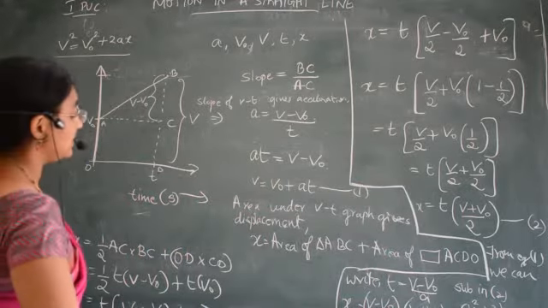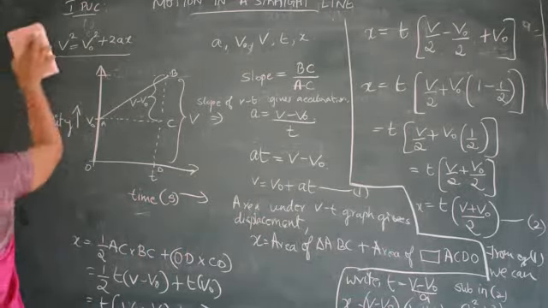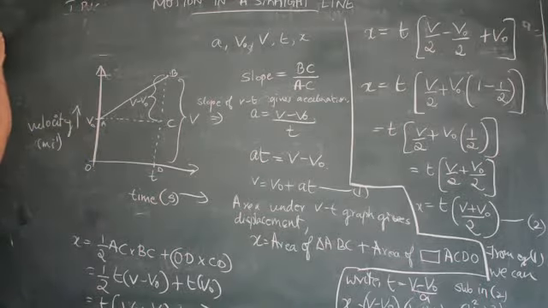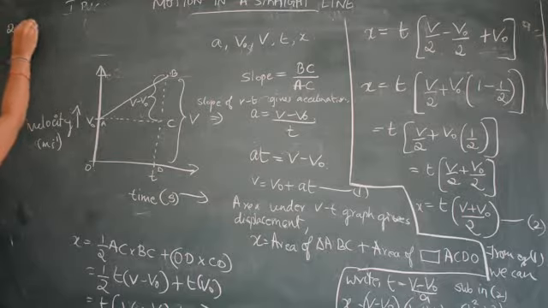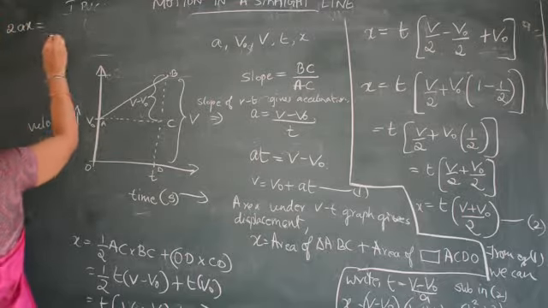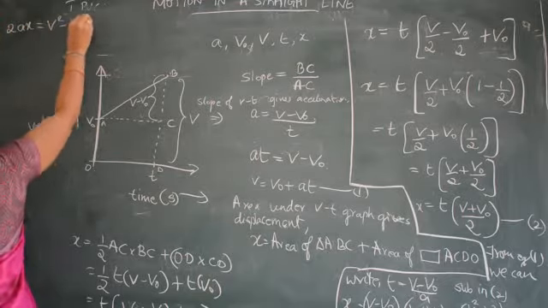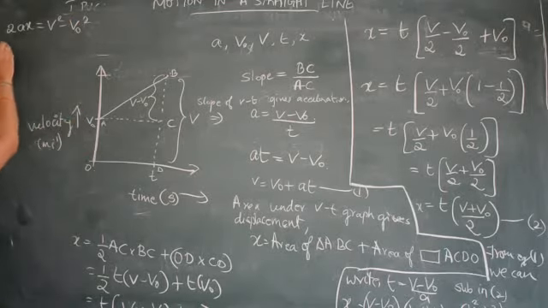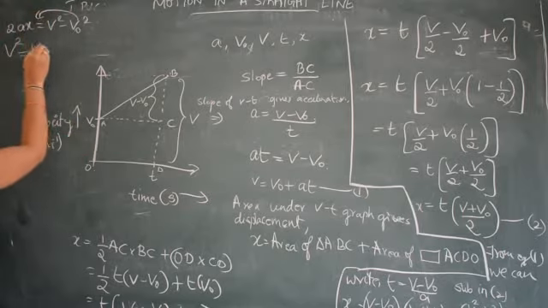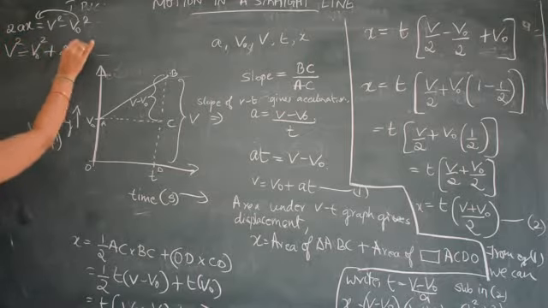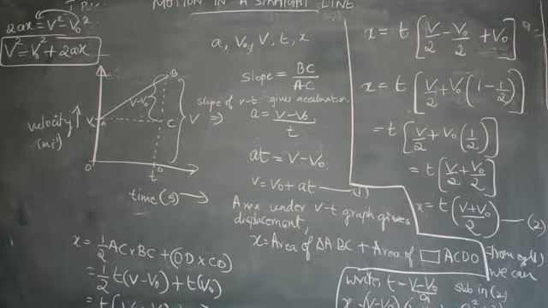So what do we get? We get 2AX is equal to V square minus V naught square. Rearrange it. We'll get V square is equal to V naught square plus 2AX. Finally, we have reached.